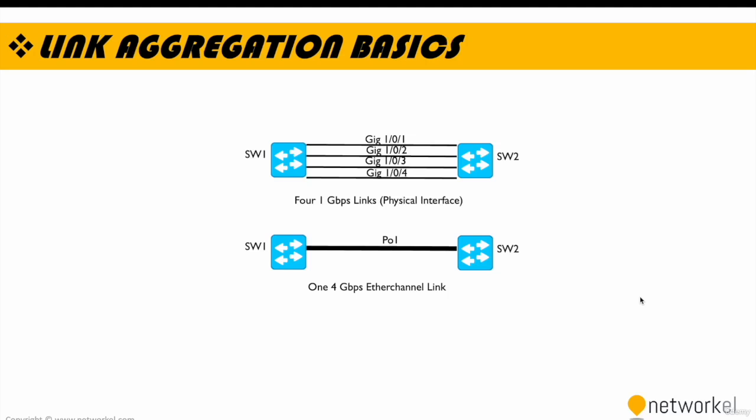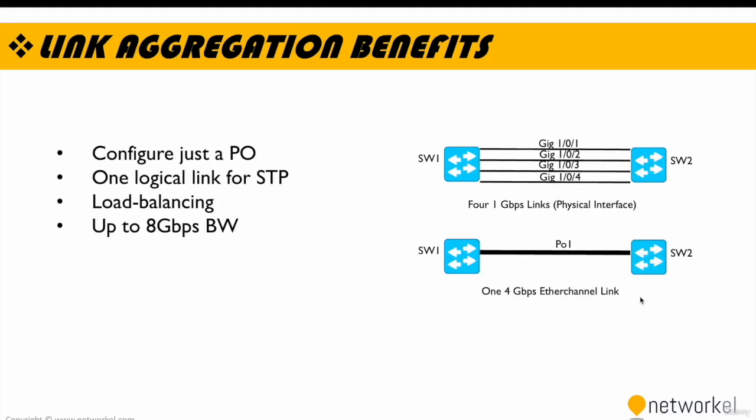If one of the links in the aggregation fails, traffic continues to flow over the remaining links, which ensures network availability and reliability. Link aggregation can also distribute the traffic across the combined links based on criteria such as MAC address or IP addresses, which optimizes the performance.